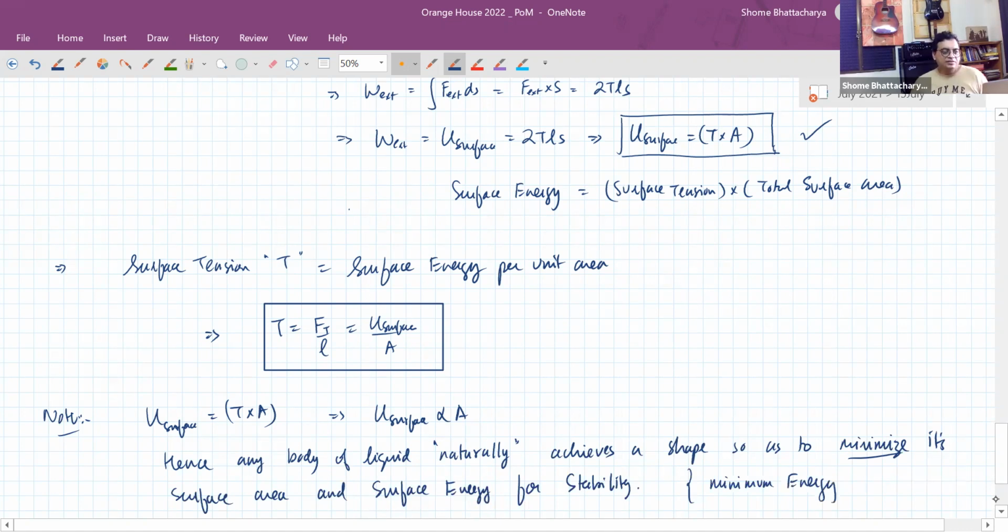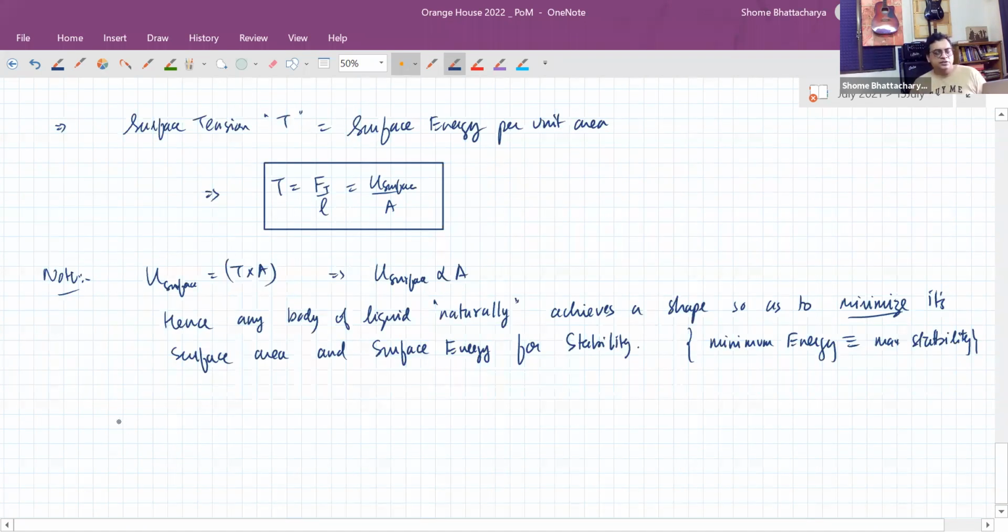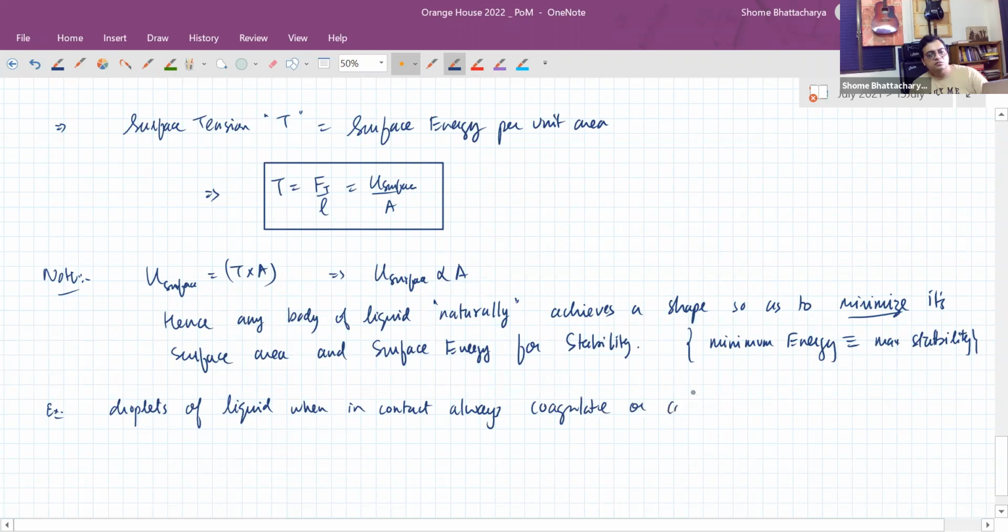So again, this is evident in what we see as properties or everyday phenomena related with fluids. For example, droplets of liquid, when in contact, always coagulate to form a larger drop. Coagulate, or you can say coalesce, that is combined.